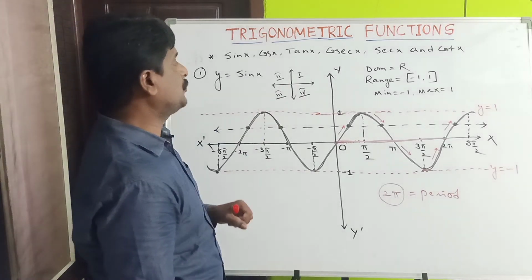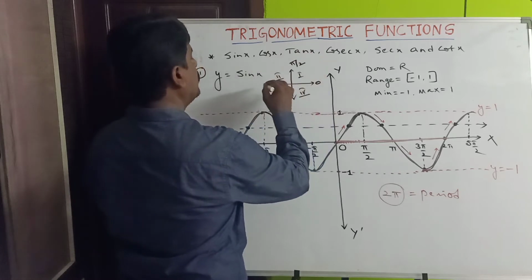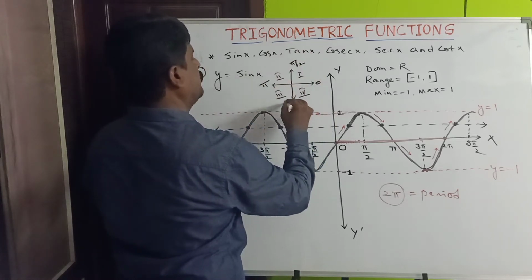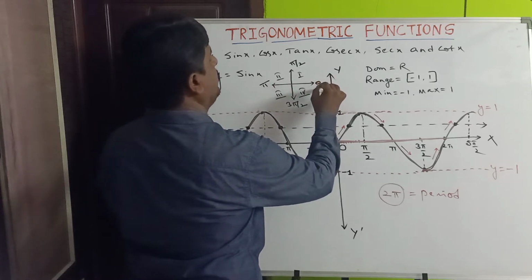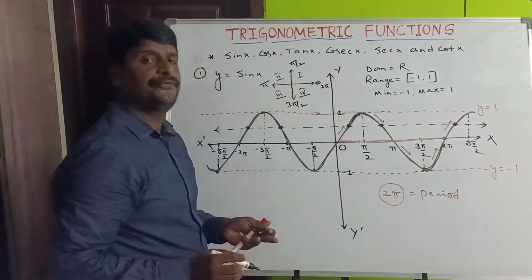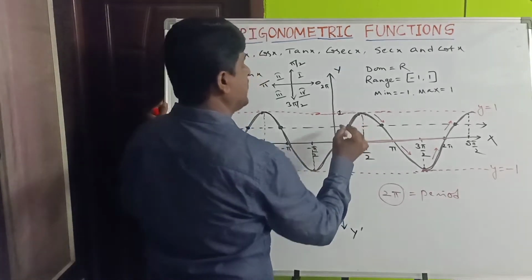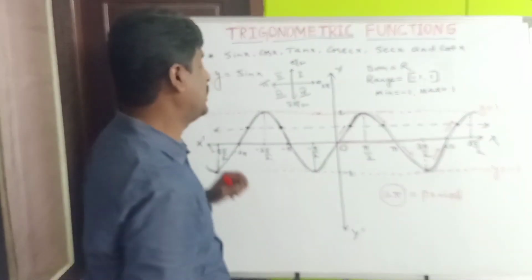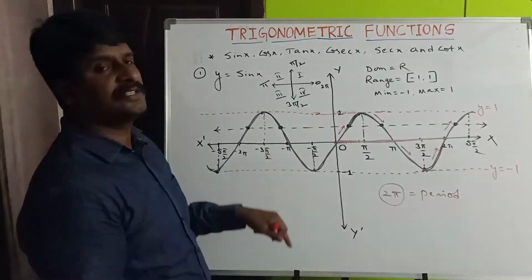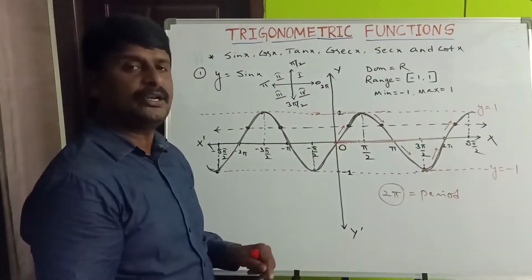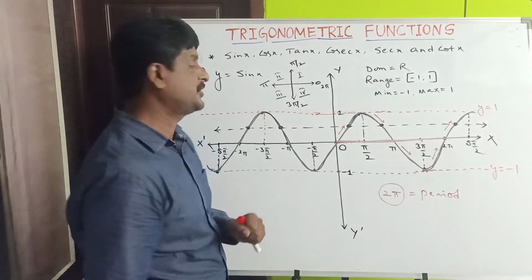Observe that the first quadrant is angle from 0 to pi by 2, pi by 2 to pi is the second quadrant, pi to 3 pi by 2 the third quadrant, 3 pi by 2 to 2 pi the fourth quadrant. From 0 to pi by 2, it has a single nature. As x values are increasing, corresponding sin x values, that is y values, are also increasing. So in the first quadrant it is an increasing function.